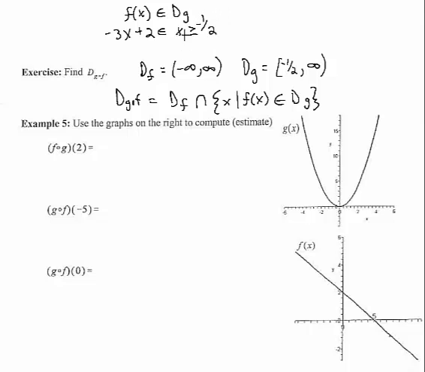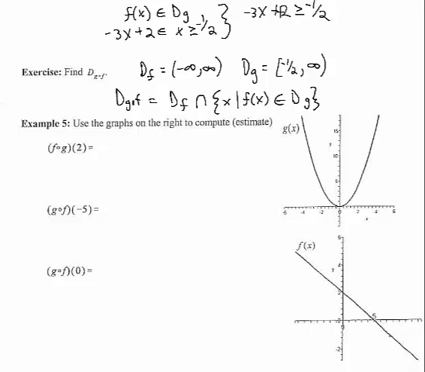Okay, what you have to realize is that this f of x is going to take the place of this x. F of x is the input, and that's what this x represents. And so we take that and we write negative 3x plus 2 is greater than or equal to negative 1/2.